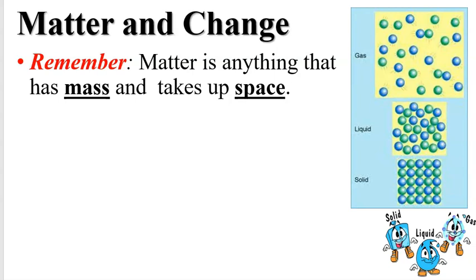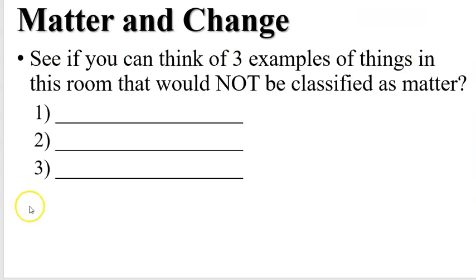So, is everything matter? Let's think about that for a minute. I want you right now to see if you can think of 3 examples in your room that would not be classified as matter.